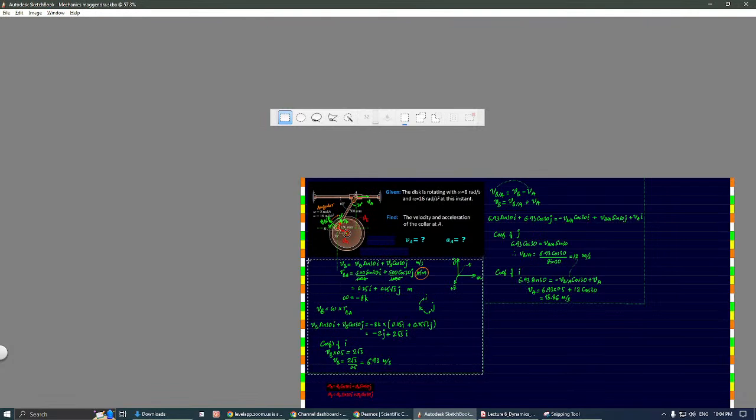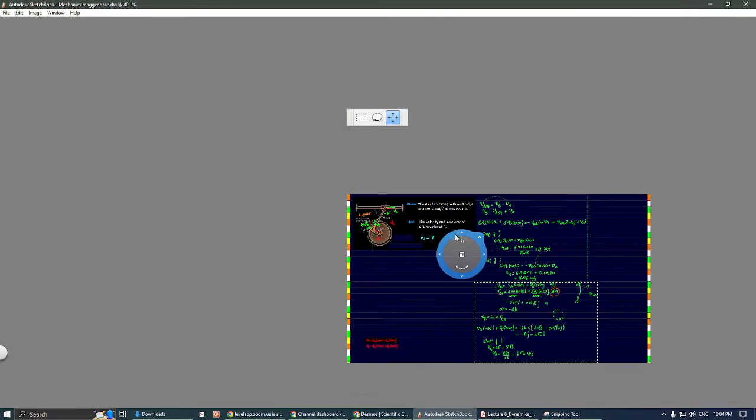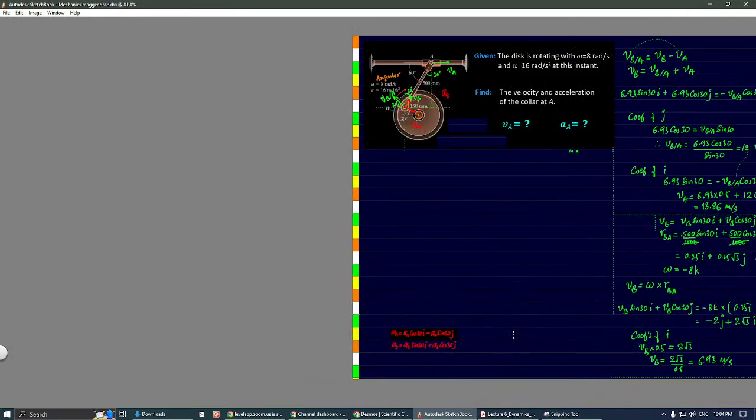All the velocity terms that we defined, this work is over. Velocity we have kept aside. Accelerations, let's take them out.